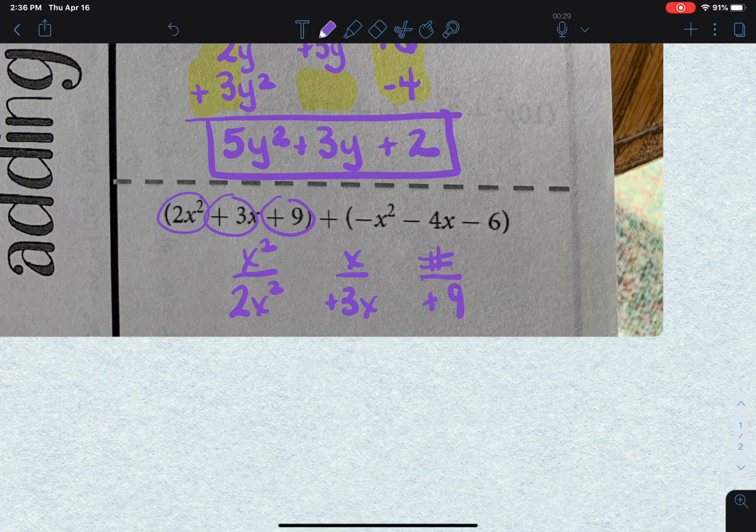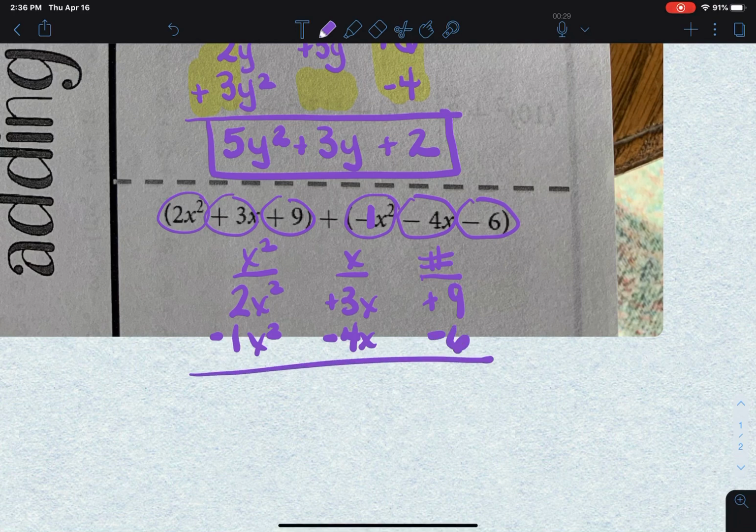Then I'm going to go through and go to the second parenthesis. Now remember, I see a spot where there's not a number, so I'm going to add a 1. Then I'm going to go through and sort those. So negative 1x squared minus 4x minus 6.